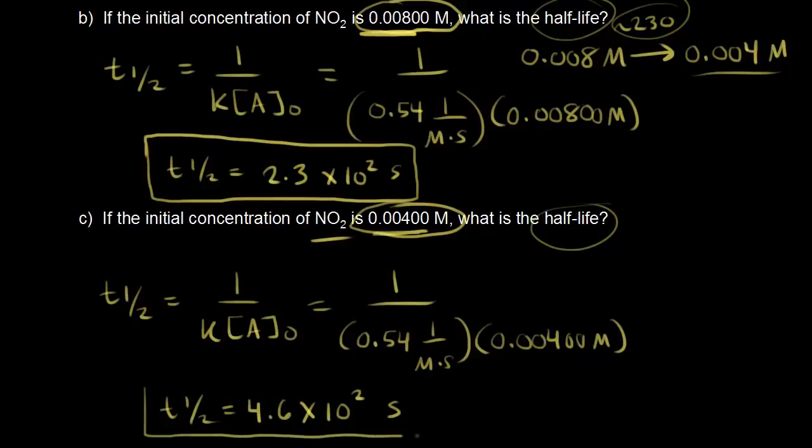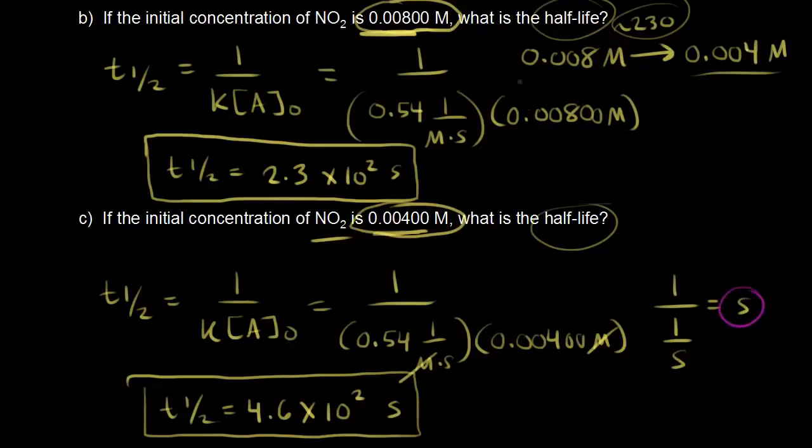So this is seconds. I think I forgot to point that out in the previous example. If you're looking at your units, the molar would cancel here, and so you'd have 1 over 1 over seconds, which of course is equal to seconds. So the half-life is measured in seconds. It'd be the same thing for up here. The molars would cancel, we'd have 1 over 1 over seconds, so we get seconds here.